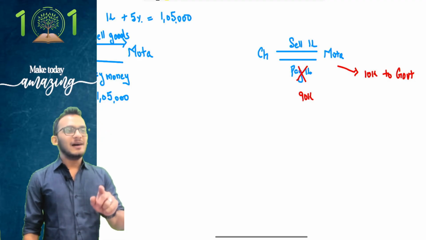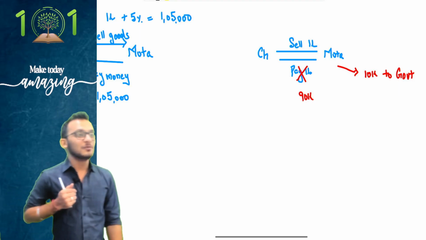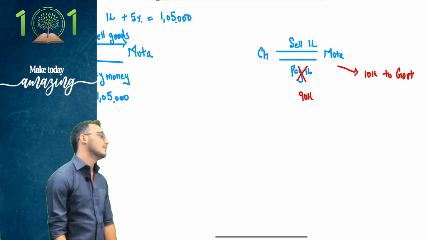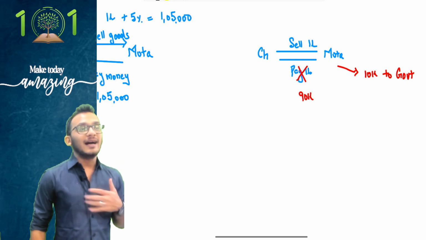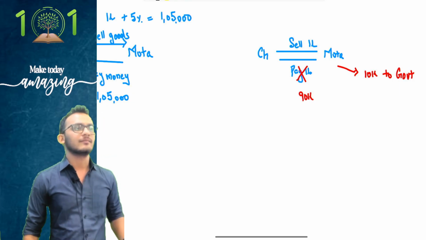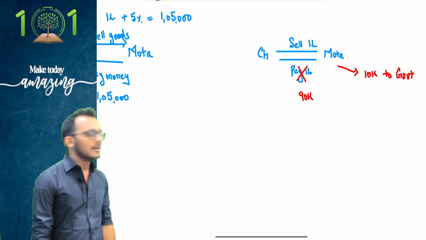You telling me that because I was supposed to pay but someone else pays, therefore it is indirect tax, is wrong. Here is the case where I am not paying my tax, someone else is paying on my behalf, and still it is direct tax.